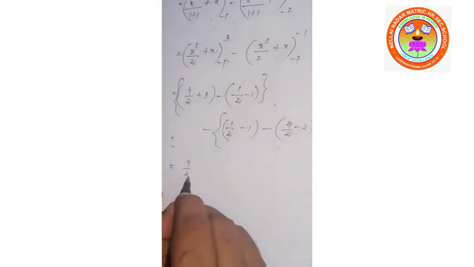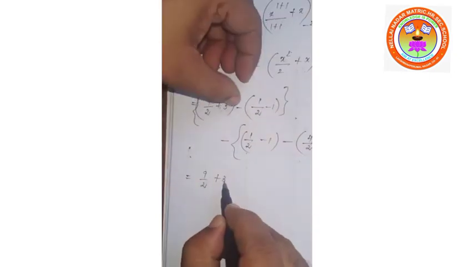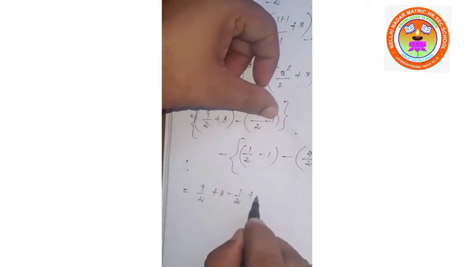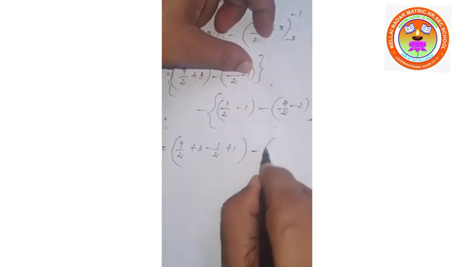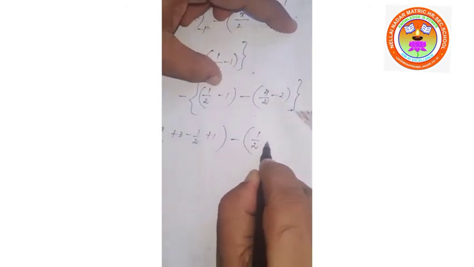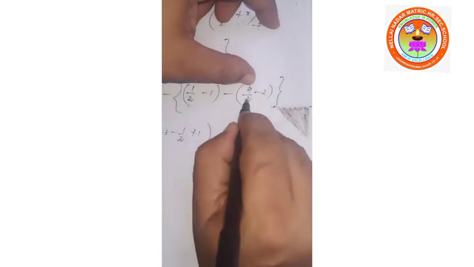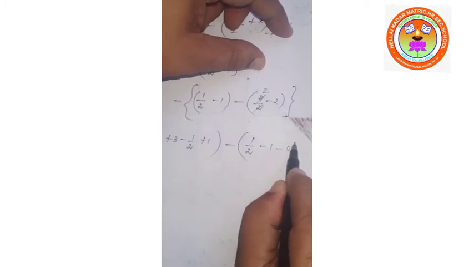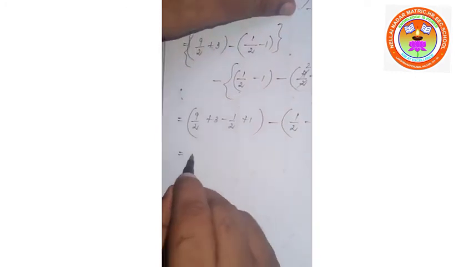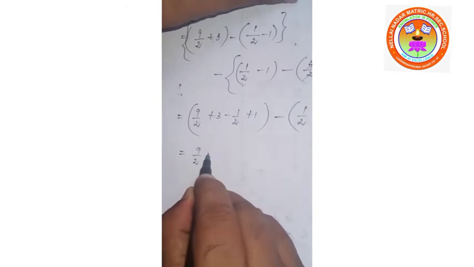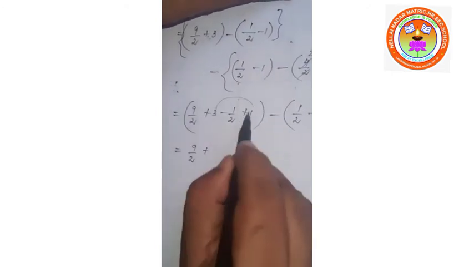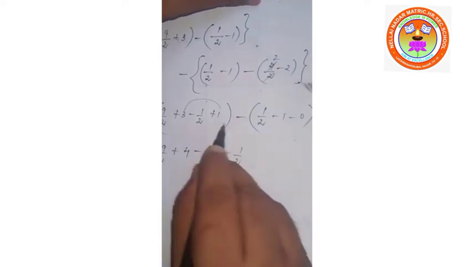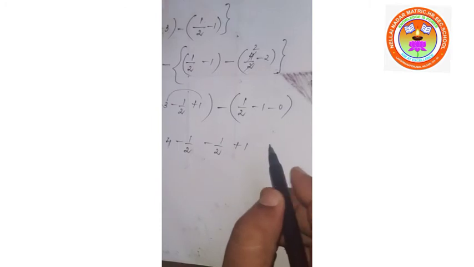Equals 9 by 2 plus 3 minus into 1 by 2 minus 1, minus into -1 plus 1, minus half minus 1 minus 4, and 2 get cancelled, 2 minus 2, that is equal to 0. Equals 9 by 2 plus 3 plus 1 is 4, minus 1 by 2, again minus 1 by 2, minus into minus plus 1.